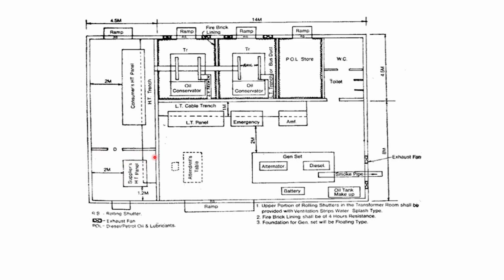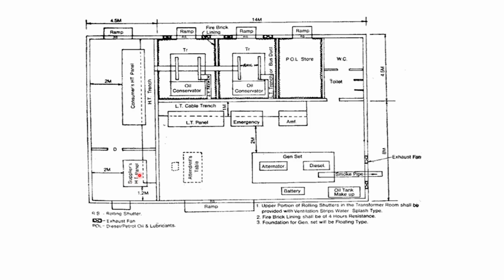The meter room has to have clearances of 2 meters in front of the ST panel. The ST panel has to be enclosed for metering purposes, and this remains closed because it is under the supervision of the electric supply company.